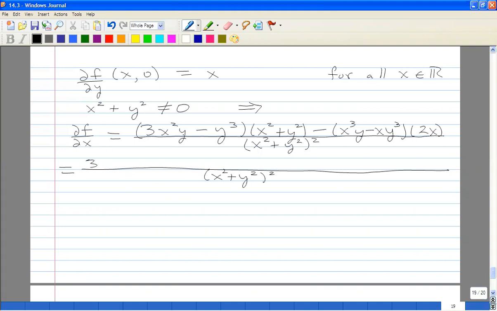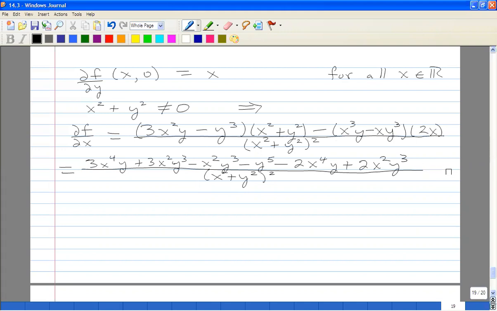So 3x to the fourth y plus 3x squared y cubed minus x squared y cubed minus y to the fifth, multiply negative 2x inside the parentheses, minus 2x to the fourth y, and minus and minus is a plus, 2x squared y cubed.